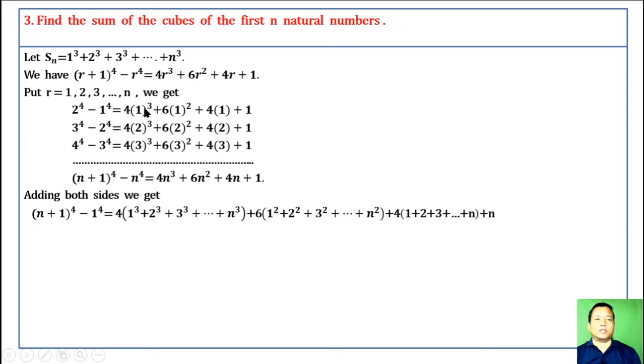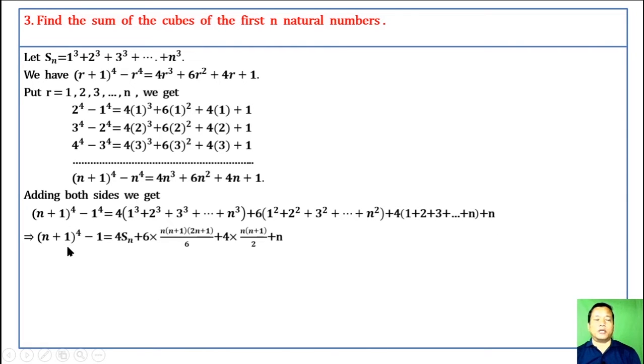equal to, from the first term on the right side we take 4 common, we get 4 times 1 cube plus 2 cube plus 3 cube plus up to n cube. From the second term on the right side we take 6 common, we get 6 times 1 square plus 2 square plus 3 square plus up to n square, and from the third term, again take 4 common, 4 times 1 plus 2 plus 3 plus up to n, and 1 is added n times, that is n.